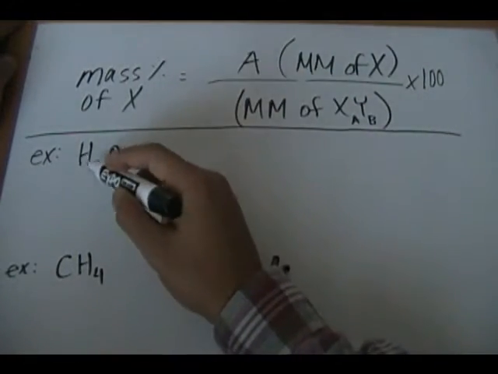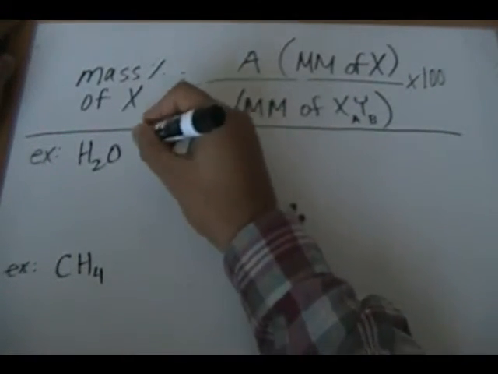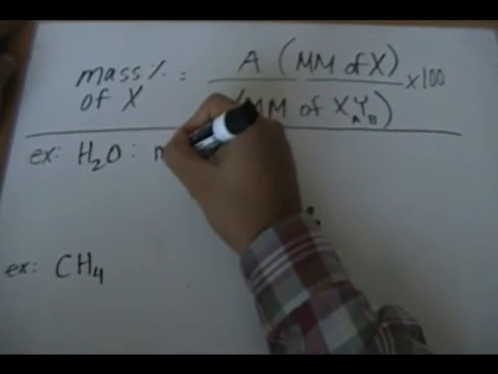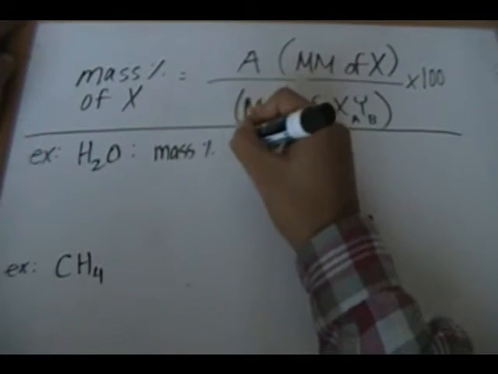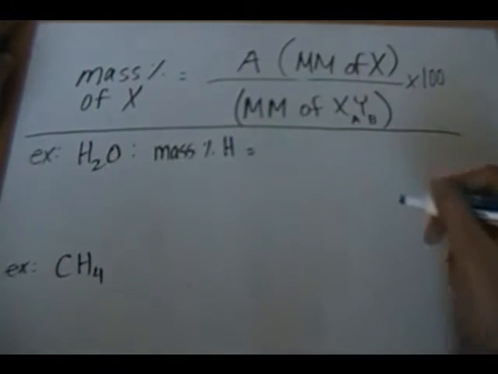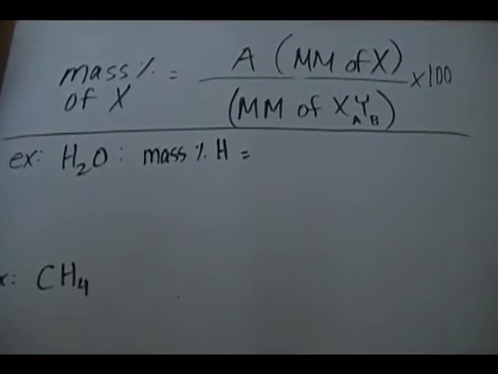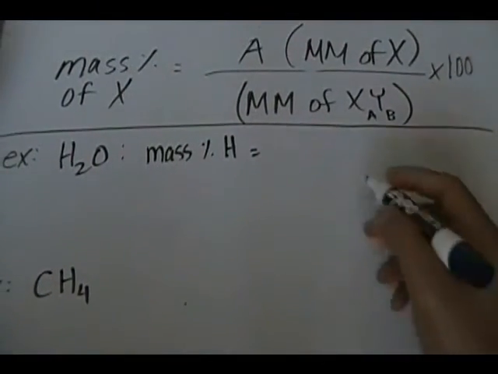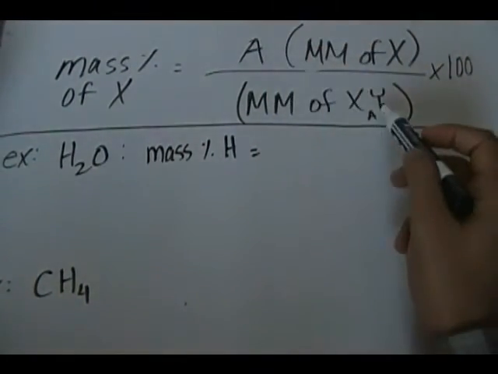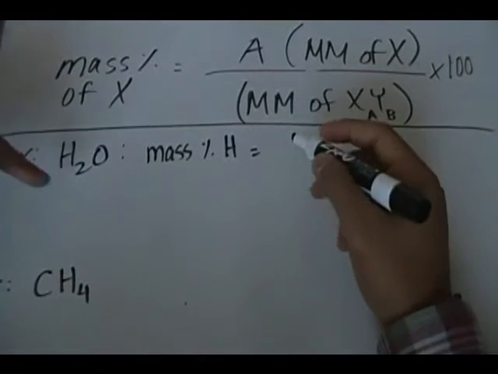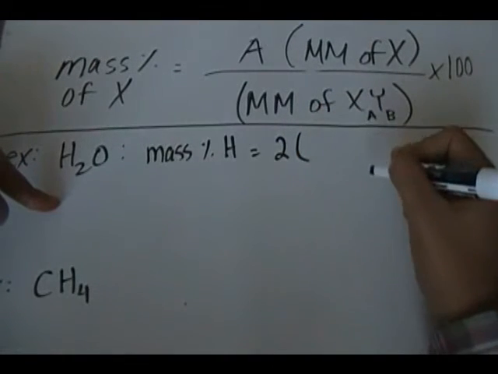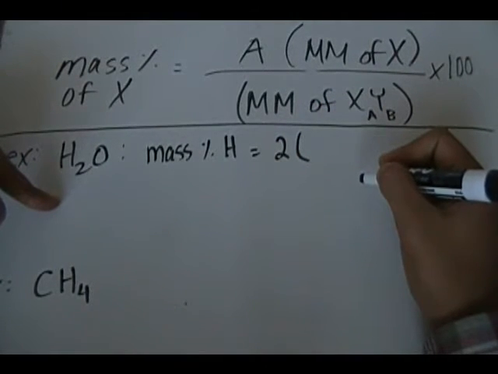So the mass percent of H, that's what we're looking for, is equal to A, which is a subscript referring to the hydrogen, so it's 2, times the molar mass of hydrogen, and that's found on the periodic table.